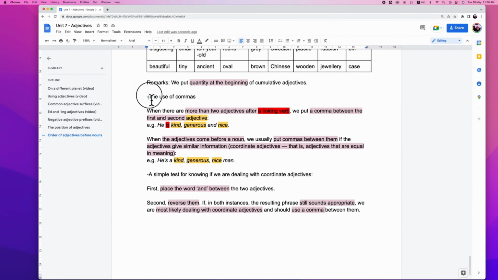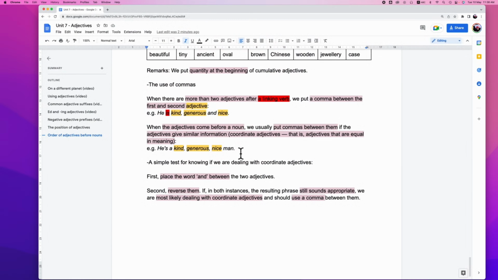The use of comma. Now, when there are more than two adjectives after a linking verb, we put a comma between the first and the second adjective, like this. He is kind, generous, and nice.